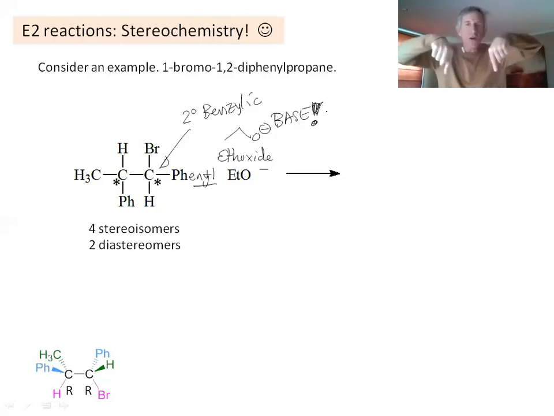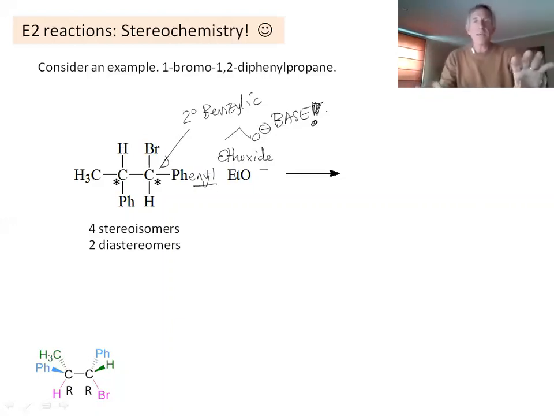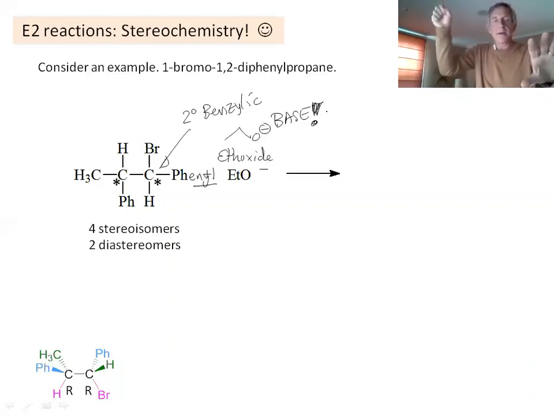I don't want to do my elimination with these two in the plane of the paper on the same side. So what you want to do is hold one carbon the same, like the one with the hydrogen attached to it, and take the Br, which is in the plane of the paper, and we want to move it up. Okay, and rotate that end of the molecule all the way up.